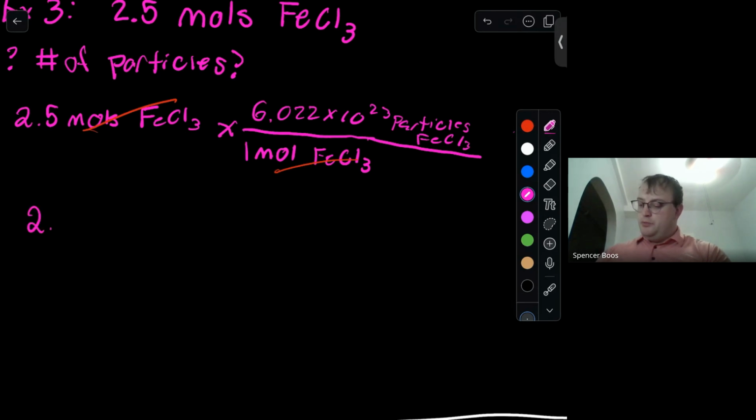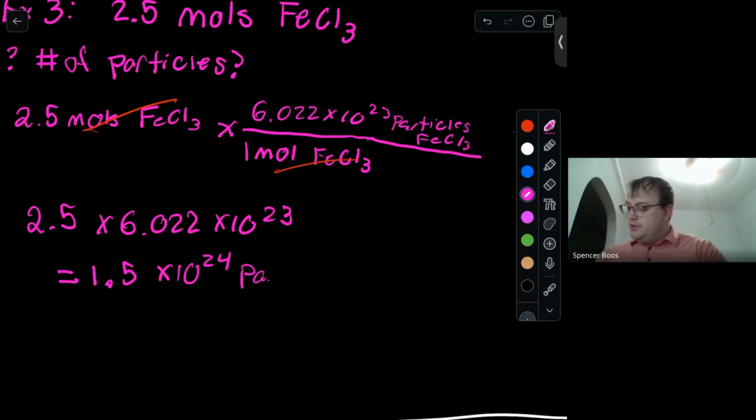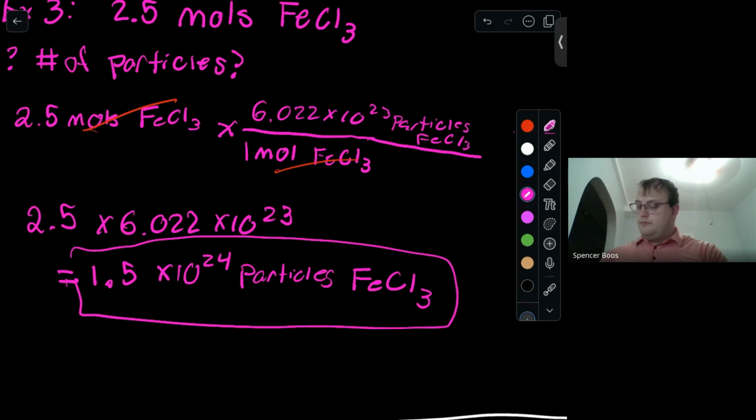So I'm left with 2.5 times 6.022 times 10 to the 23rd. I put this into my calculator, and I get 1.5 times 10 to the 24th particles of FeCl3. Job's good. Go ahead and give yourself a little pat on the back. You've done it, and I'm proud of you.